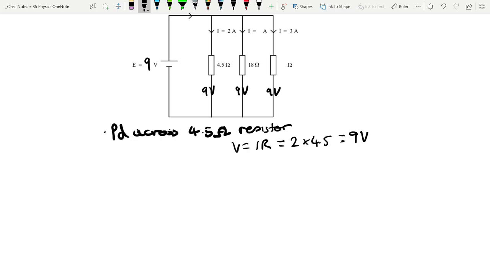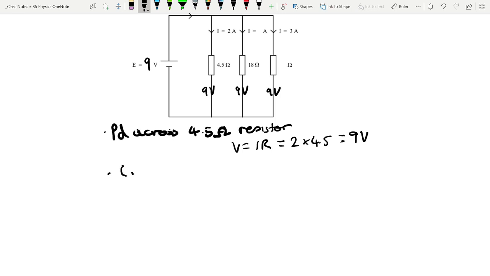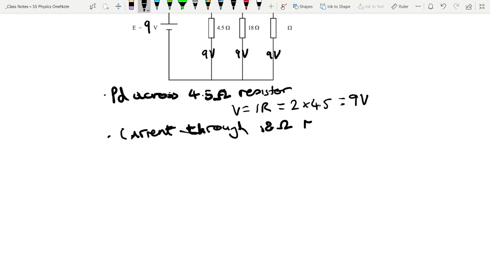Okay, what else do we need? We need the current through the 18 ohm resistor.